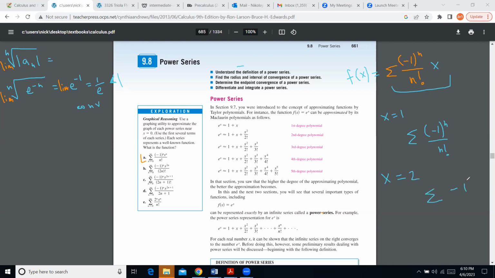It'd be (-1)^n multiplied by 2^n divided by n factorial. You say, Alex, this actually has x to the power of n in this example. Yes, so here it is 1^n, and here it will be 2^n. Well, 1 to the power of n is just the number 1. And you can see that we have a totally different series when your variable x is different.